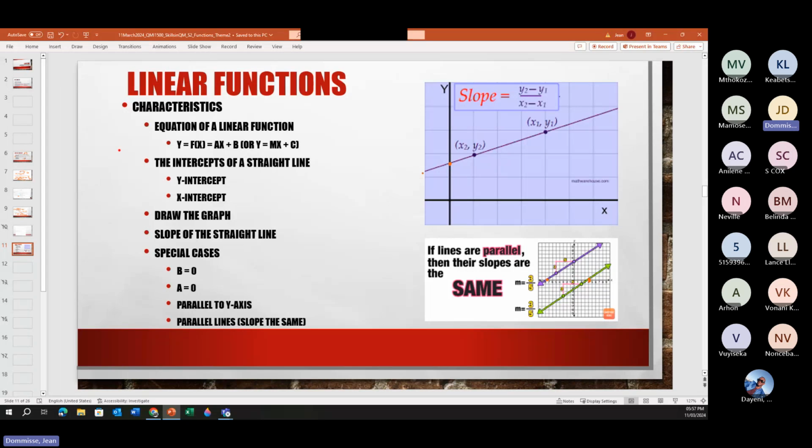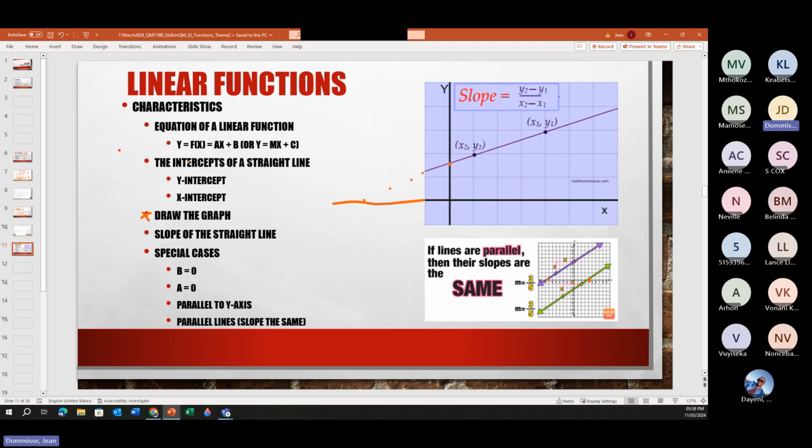In this top one, it would have been somewhere here on the negative side, but there will always be a y and x-intercept. Then they're not going to ask you to draw the graph, but they might give you a few different graphs and ask you which one is which.